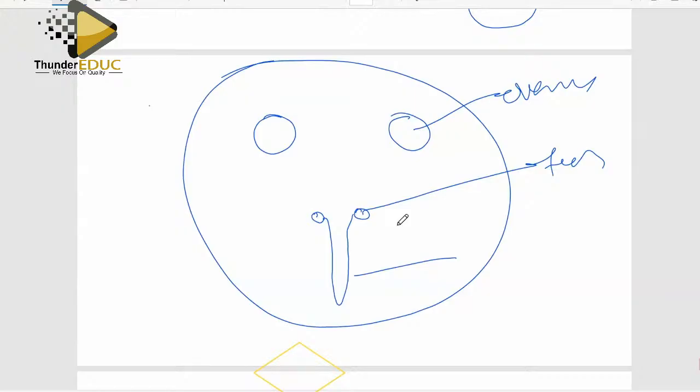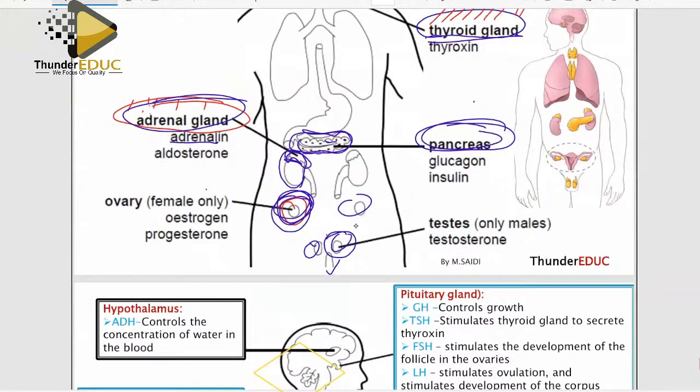If the nose is too short, you think about it. I didn't say anything, guys. So we said the top ones are the ovaries. The lower ones are the testes. So please don't mess them up.